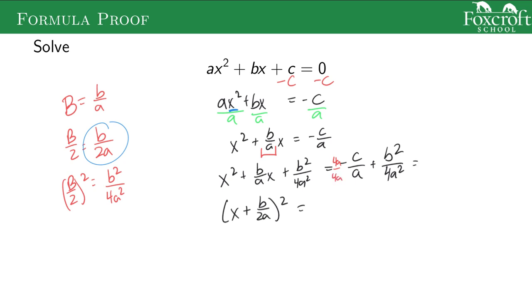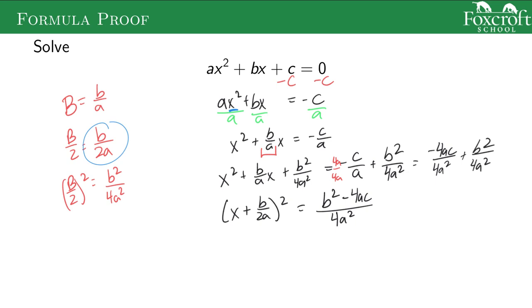That turns into negative 4ac over 4a squared plus b squared over 4a squared. We combine them, and I want to write the positive thing first because it normally looks nicer. The b squared is positive, we subtract 4ac, and that's all over 4a squared.